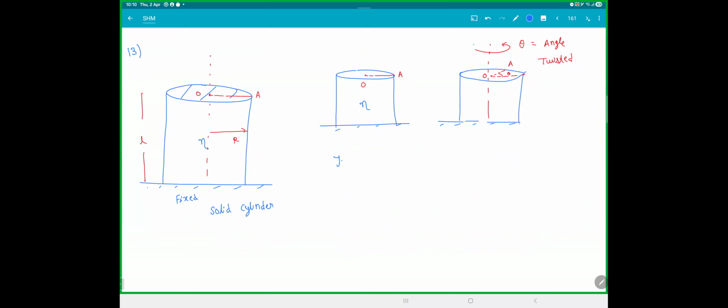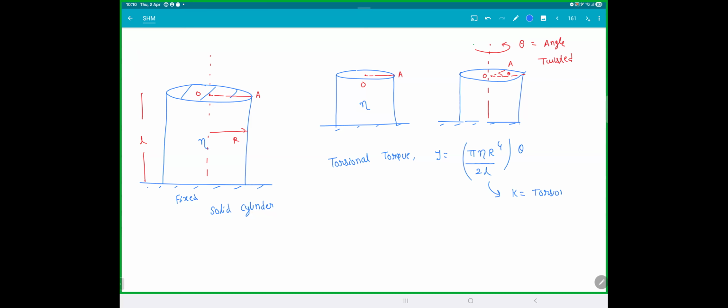So here the torque will be, if you remember the result, the torsional torque tau is given by pi eta r power 4 by 2l into theta. This is your torsional constant. Then they'll ask you to find the time period of this, so you have to derive this value.